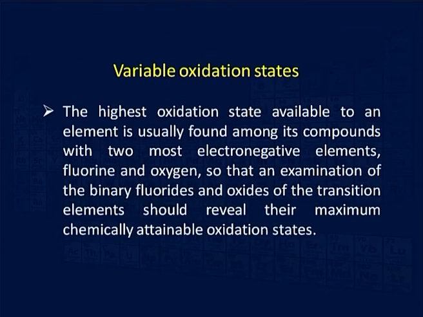The highest oxidation state available to an element is usually found among its compounds with the two most electronegative elements, that is fluorine and oxygen. So an examination of the binary fluorides and oxides of the transition elements should reveal their maximum chemically attainable oxidation state.